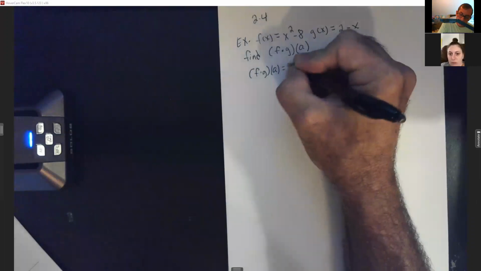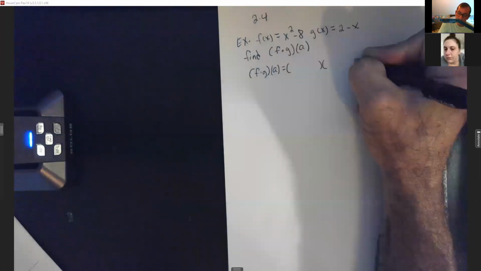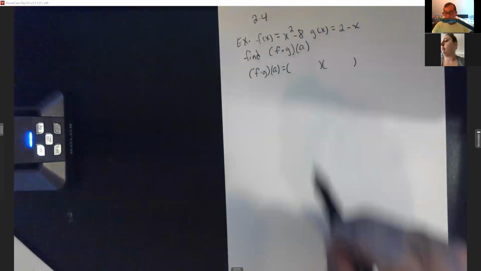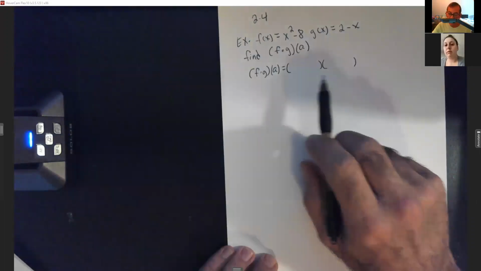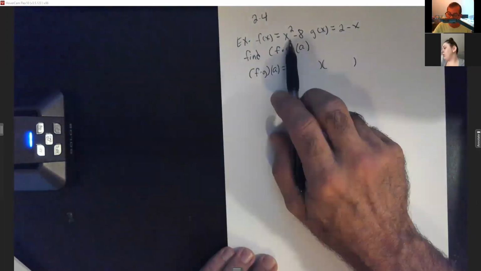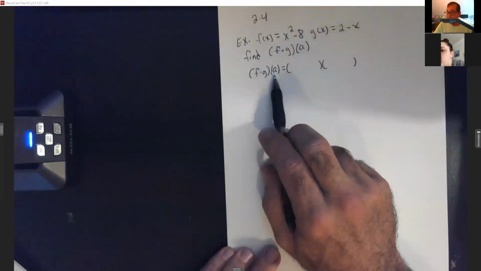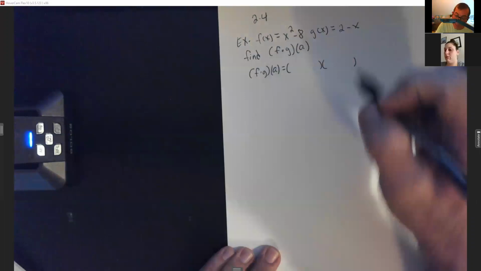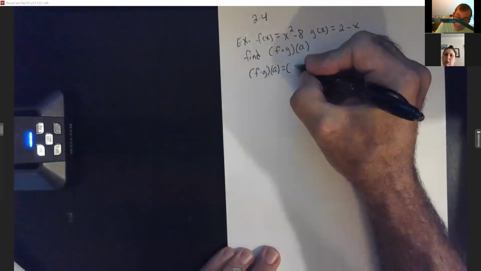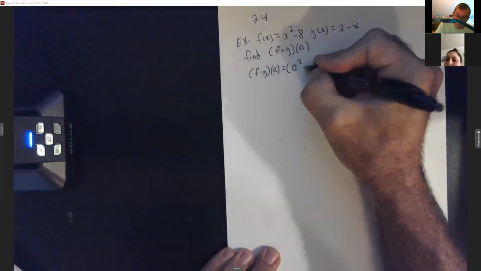So I'm going to put my functions in parentheses and use that for my multiplication. So I'm going to put in f, which is x squared minus 8. But remember, they're telling me to put an a in for the x. So that's actually going to be a squared minus 8.